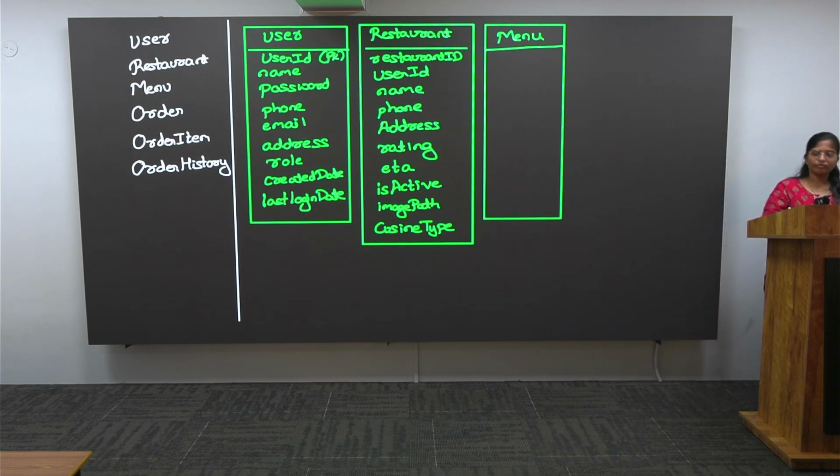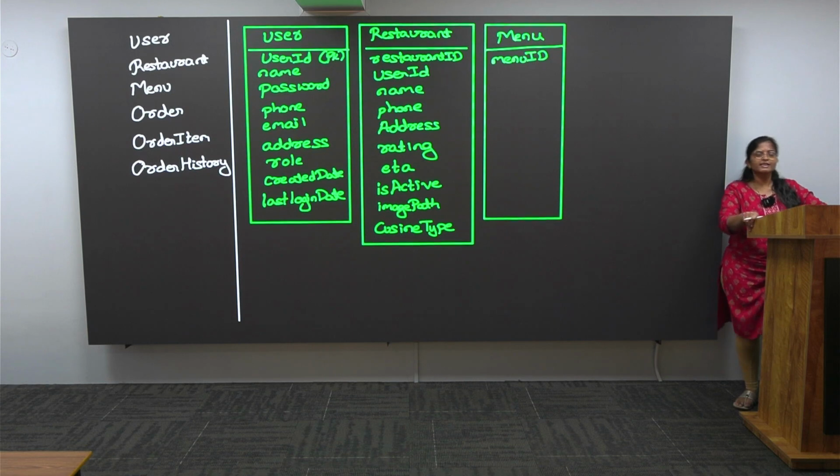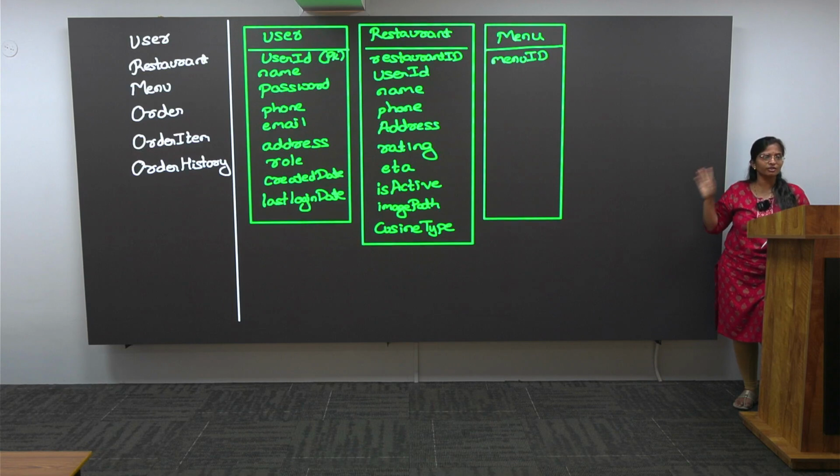In the menu, the first thing at least is a primary key, menu ID. Next. Is it the same menu for all the restaurants? Inside your menu table you will have n number of menus available, but which menu belongs to which restaurant, you should say, right?